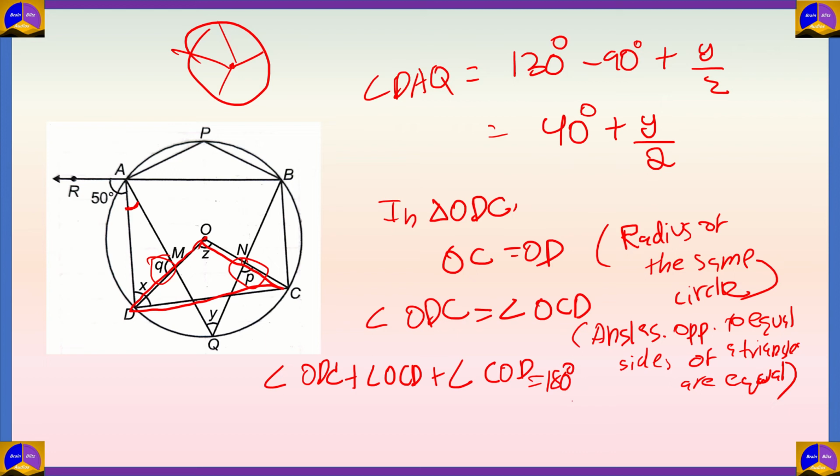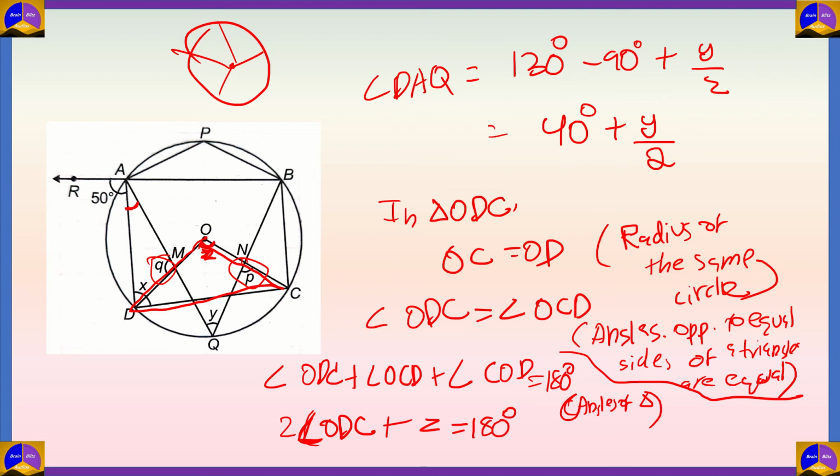The reason is angles of a triangle. So we know ODC is equal to OCD, so we can write this as 2 times ODC plus, and COD we can see that they have marked it as angle Z. So we can write that 2 ODC plus angle Z is equal to 180 degrees.